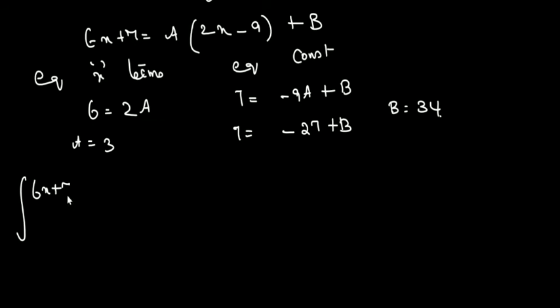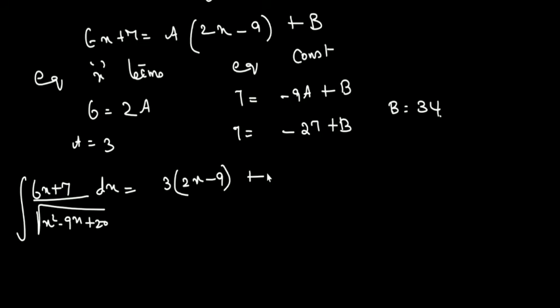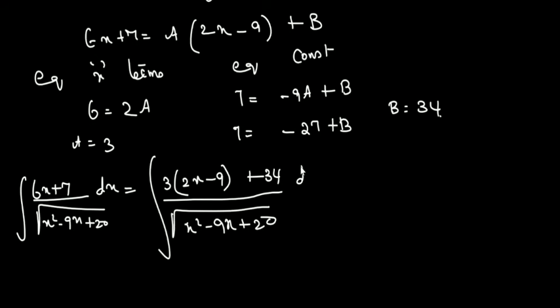So the integral 6x plus 7 by root of x square minus 9x plus 20, you can write it with a as 3: 3 into 2x minus 9 plus b, where b is 34, by root of x square minus 9x plus 20 dx.